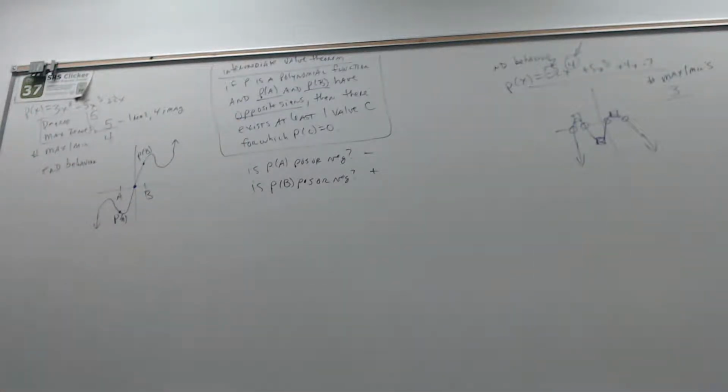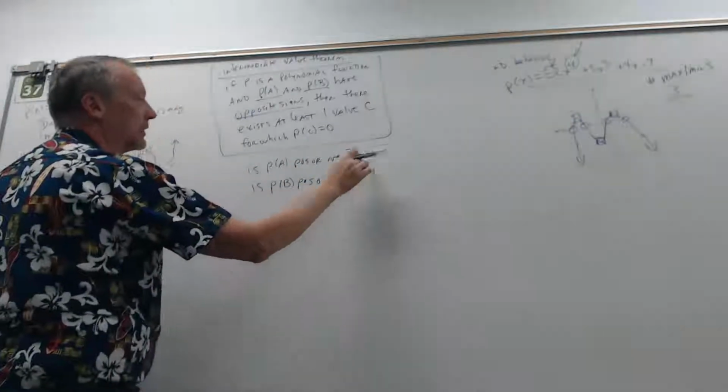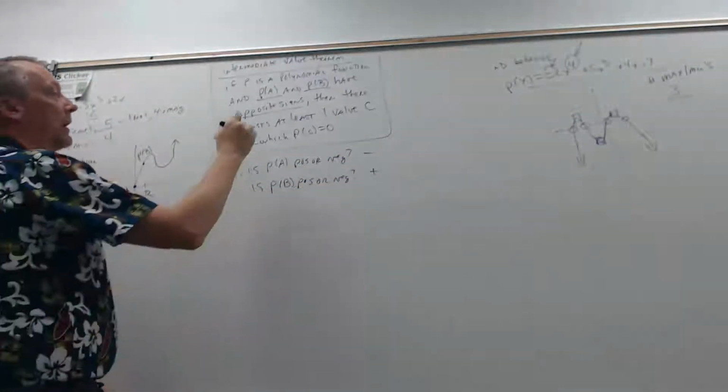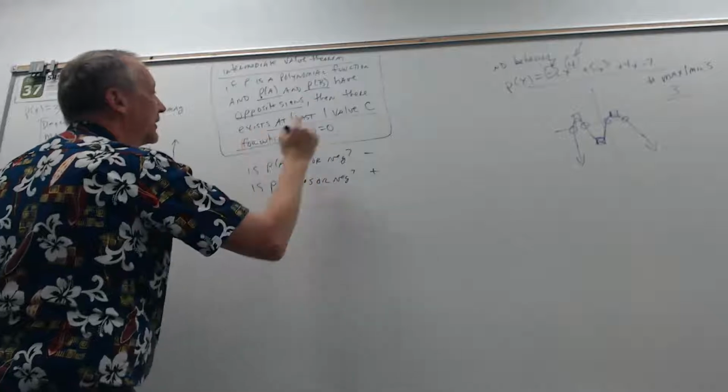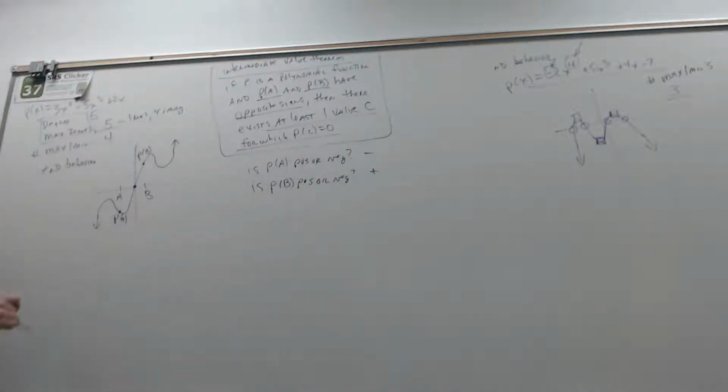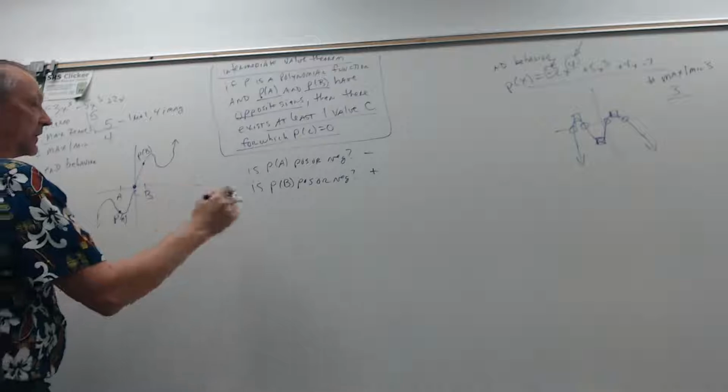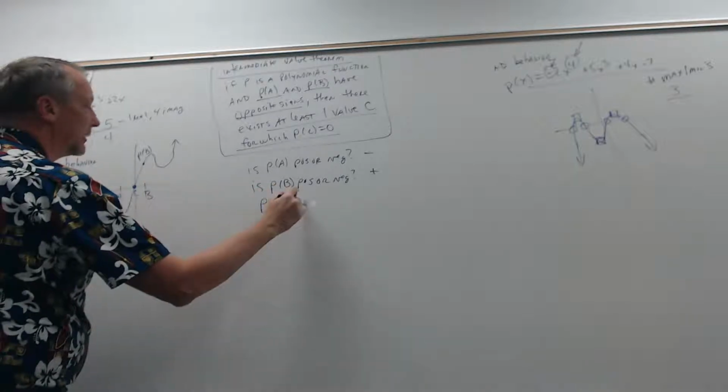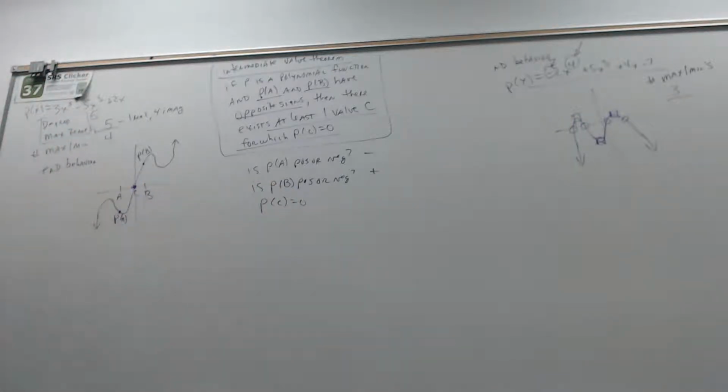So if they have opposite signs, which they do, then there is at least one value of C in which P of C equals 0, and this is that value of C, where it crosses your x-axis. We can see that P of C equals 0 right there.